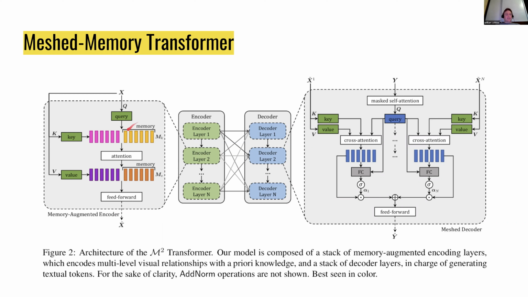What they've done is they concatenate memory onto the key multiplication and the value multiplication while leaving the query unchanged. And they claim that that allows a priori knowledge to be inserted into the translation.